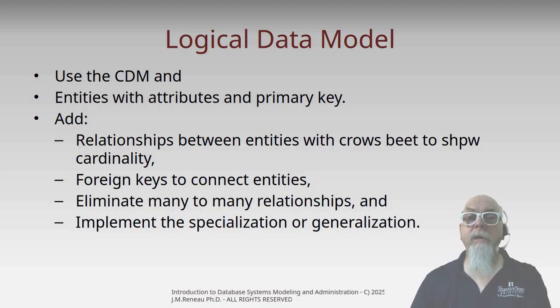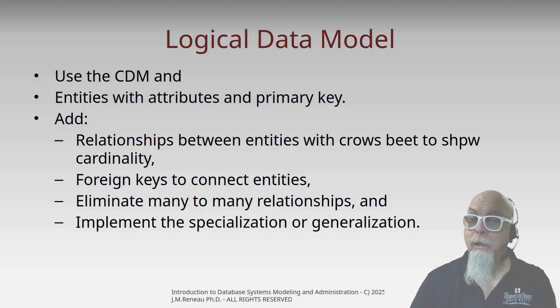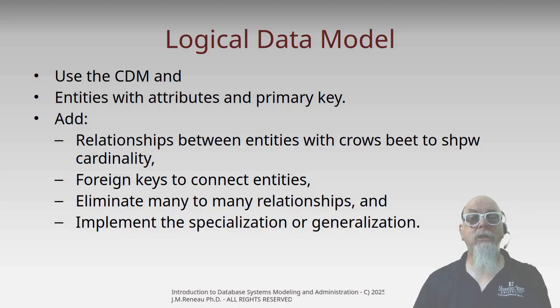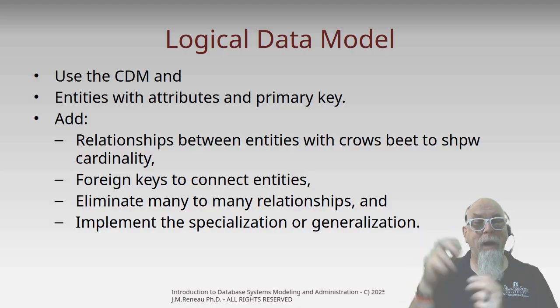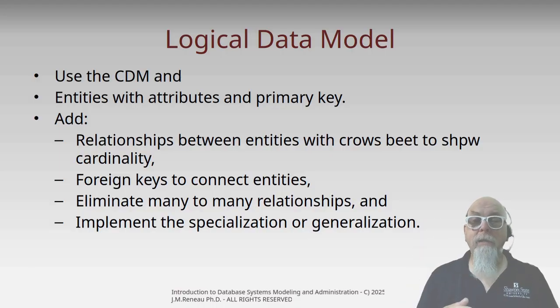We're going to use something called a crow's foot, where the slide there says crow's beat, to show the cardinality between the two boxes. It should say crow's foot or feet. Foreign keys, which we're going to add, are how we actually make that connection.